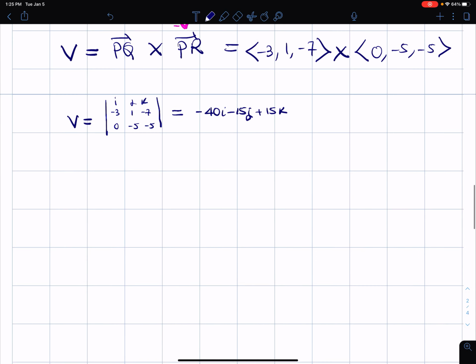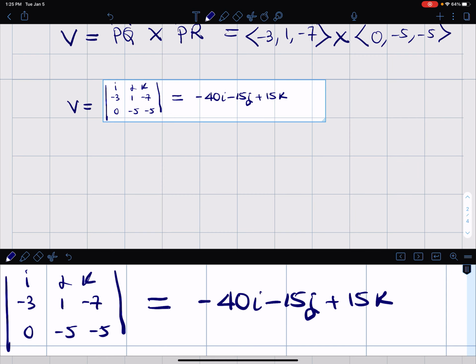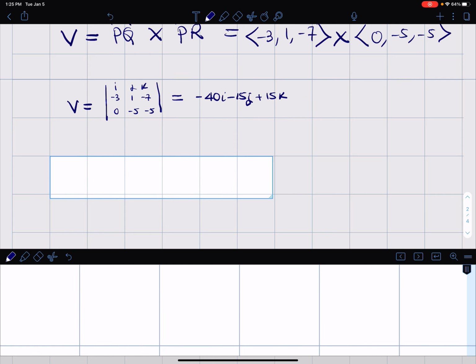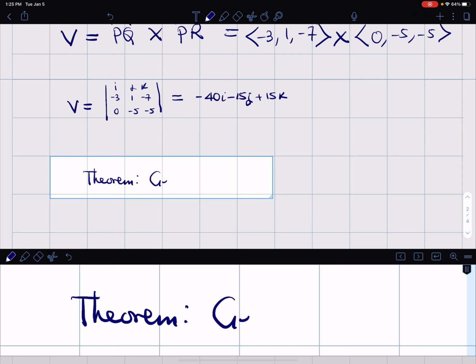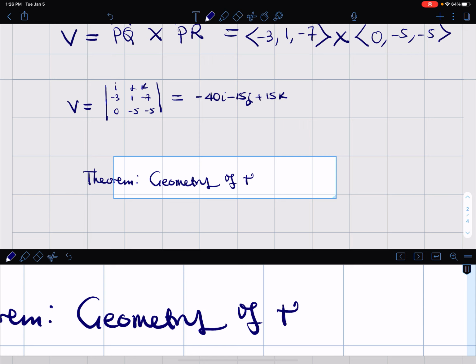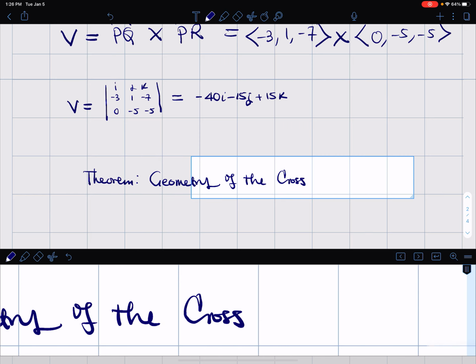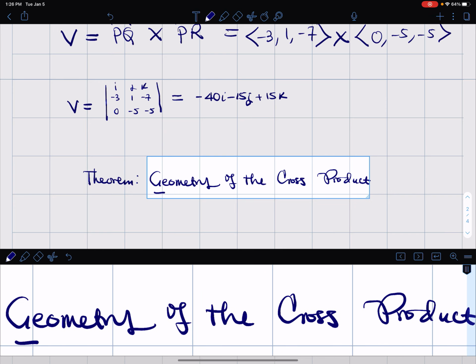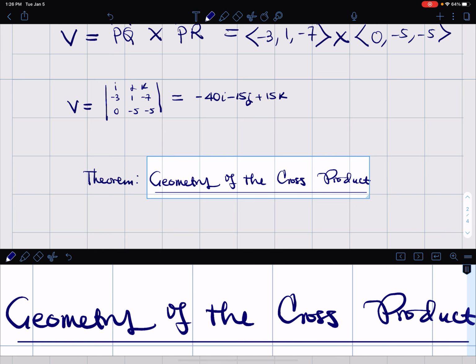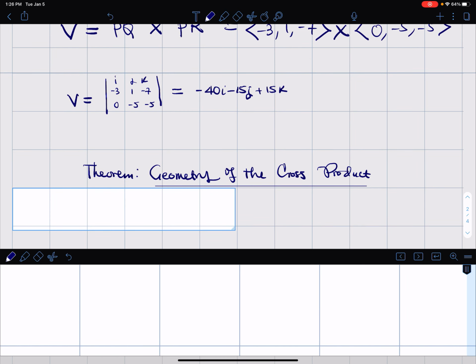All right. Next thing we're going to look at involving the cross product is the geometry of the cross product. I'm just going to state a few things here.